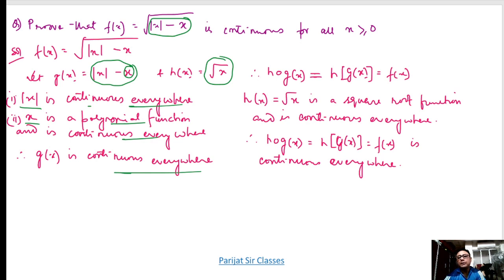Similarly, square root function is continuous everywhere, so h o g(x) will be h of g(x), which is my ultimate function f(x). Since both h and g(x) are continuous functions, f(x) is continuous everywhere.